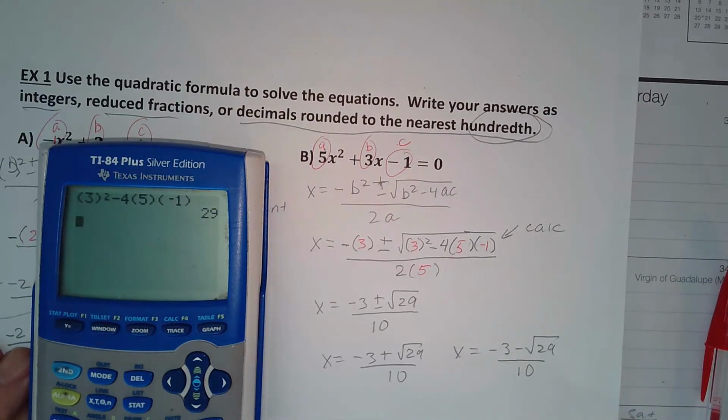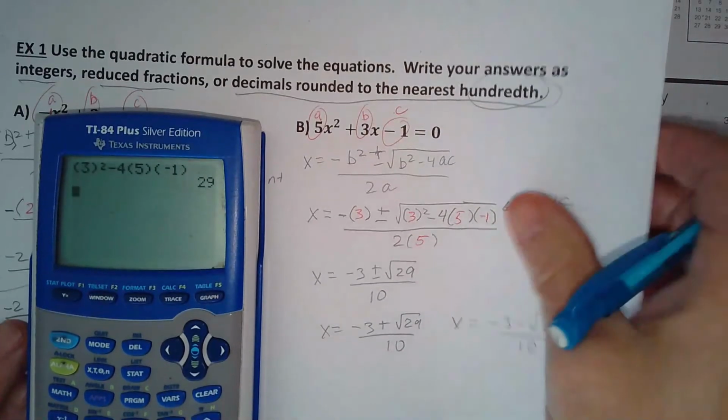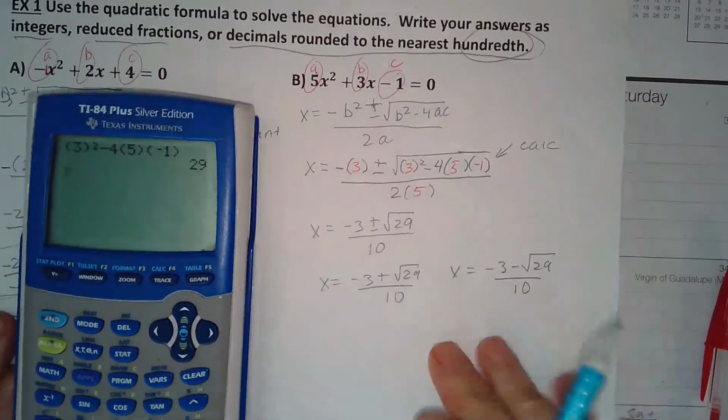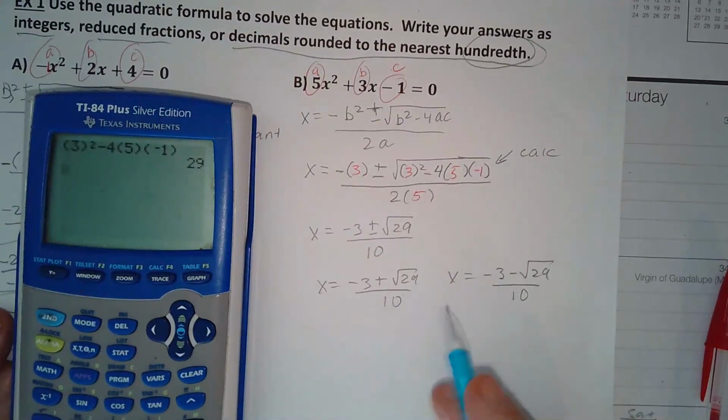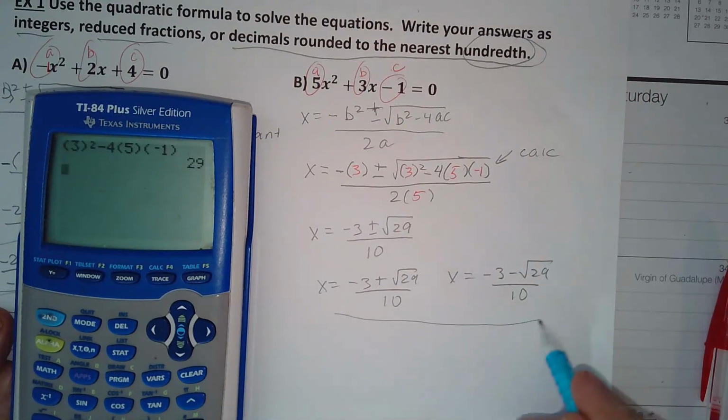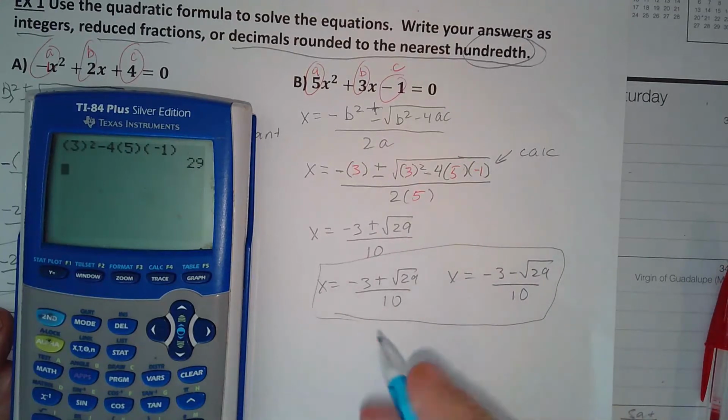All right, so frankly, these are good answers. Remember, the square root of 29 is not something you can factor, so you can't really do anything with this. So these are acceptable answers again. But we want the approximate answers as well, because they may be asking for them.